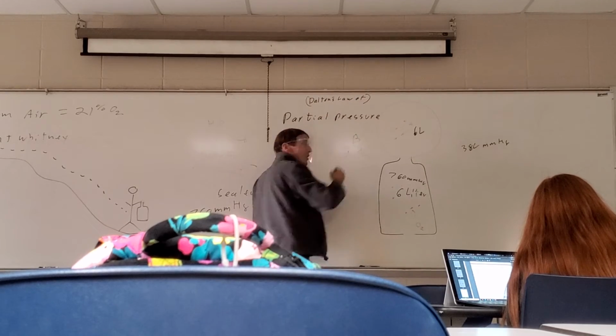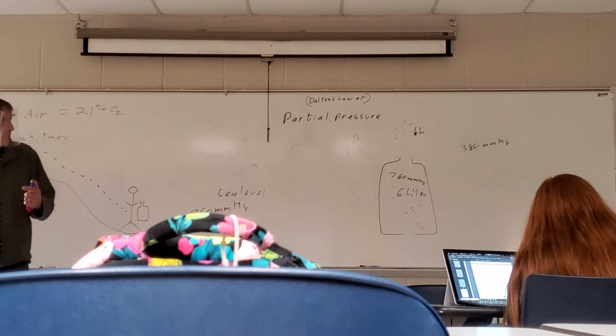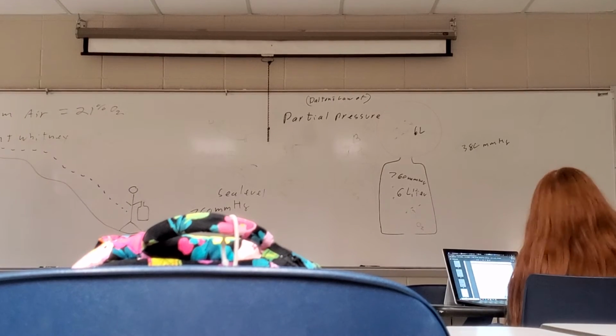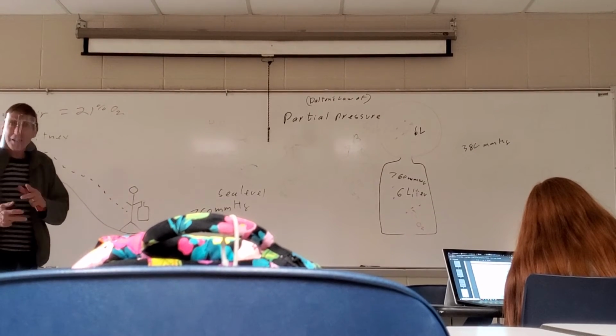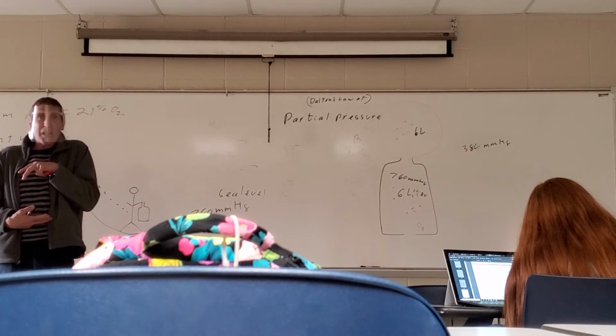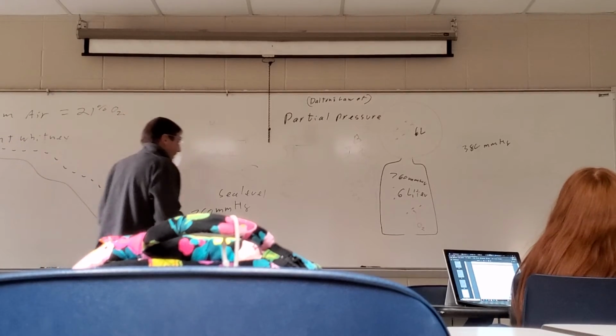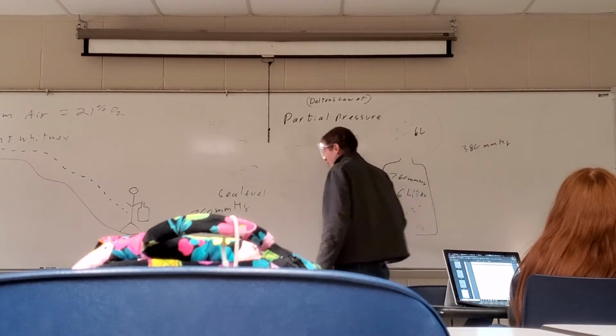I'm going to show you how to use it first, then I'll give you the definition for Dalton's law. All right. Dalton's law takes into account not only the volume percent of the gas, but also the pressure, because that's going to determine how much of the gas is available in your 6 liters of lung, right? Here's how you calculate it first. All you have to do is really simple. It's just multiplication.